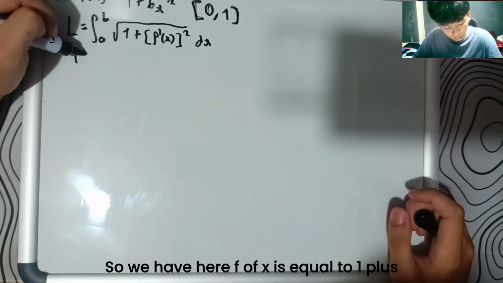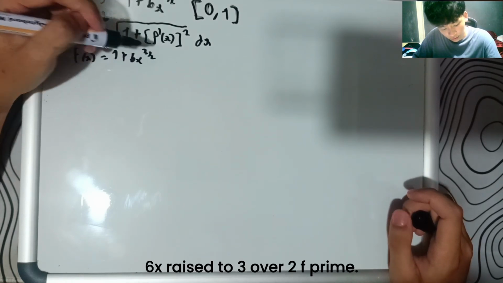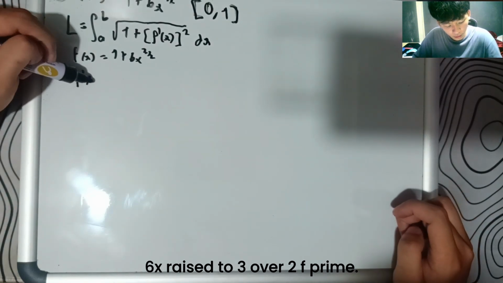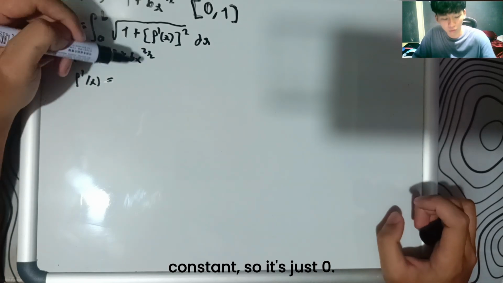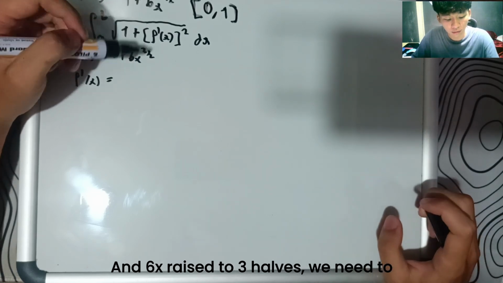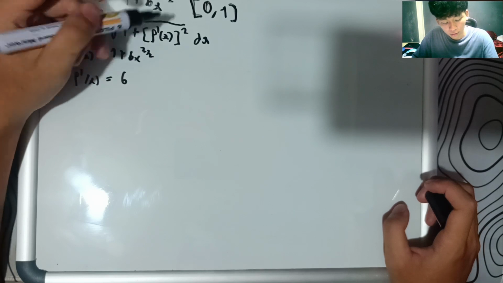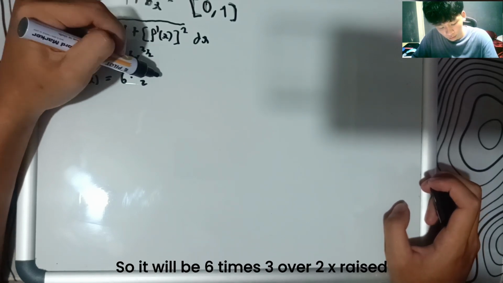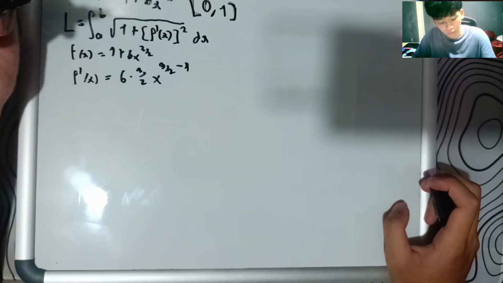So we have here f of x is equal to 1 plus 6x raised to 3 over 2. For f prime, the derivative of this, 1 is a constant, so it's just 0, and for 6x raised to 3 halves, we need to bring this down, so it will be 6 times 3 over 2 x raised to 3 over 2 minus 1.